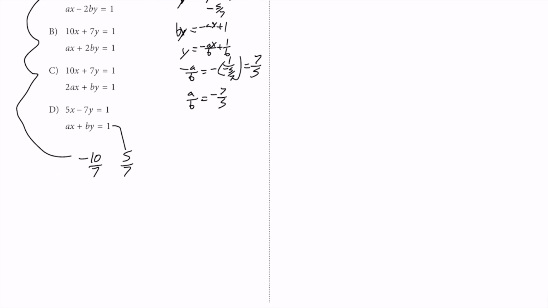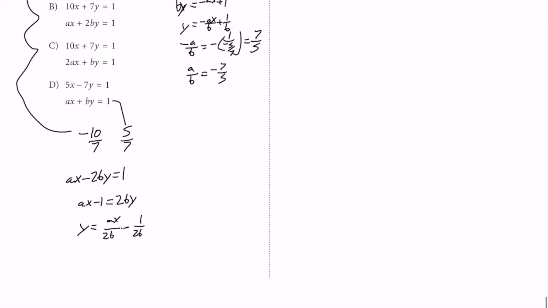When we look at our bottom equations for each of the answers, here we have ax minus 2by equals 1. Ax minus 1 equals 2by. Y equals ax over 2b minus 1 over 2b.